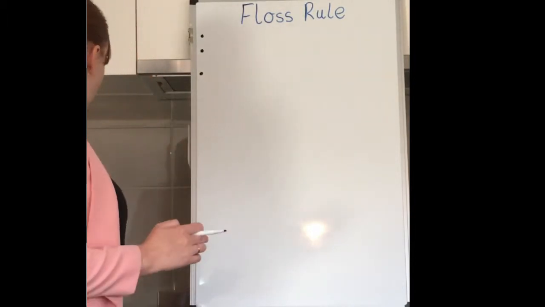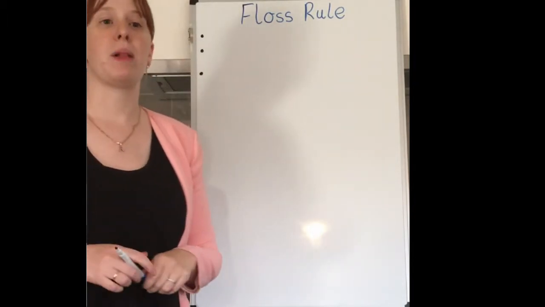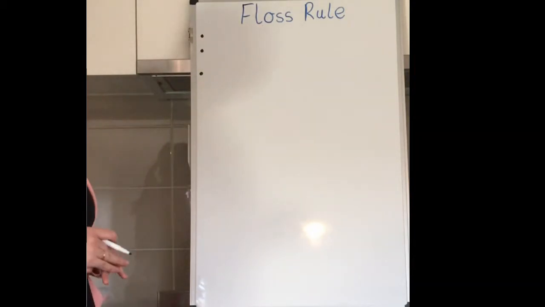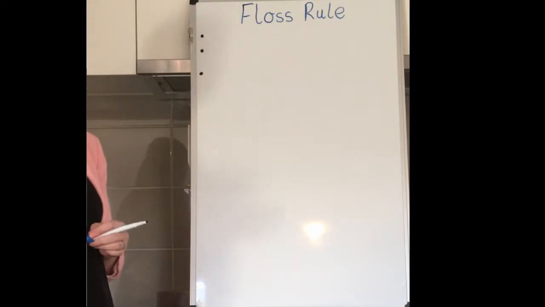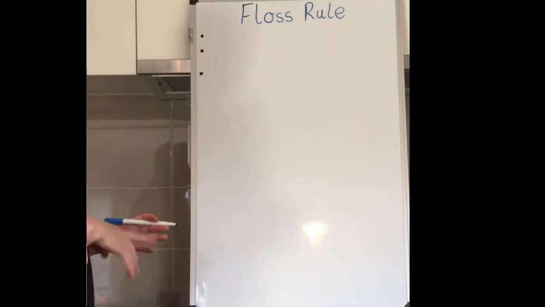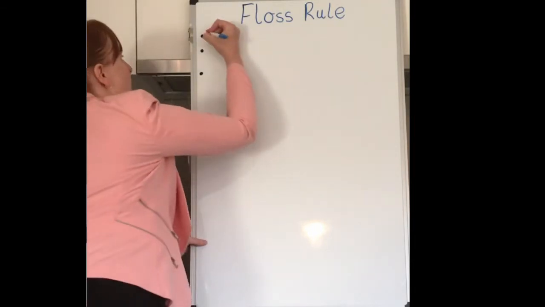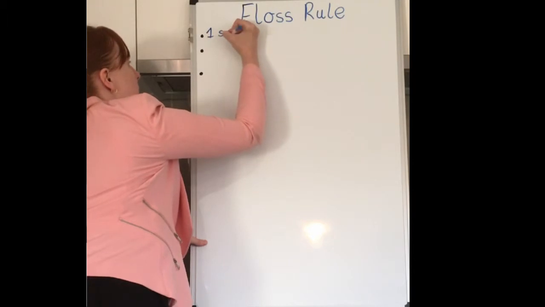So this is how I would begin explaining the floss rule to my grade. I'd write the floss rule up on the board, activate their prior knowledge in some way, and then I would begin. First thing when using the floss rule, we need to look for, does it have one syllable?